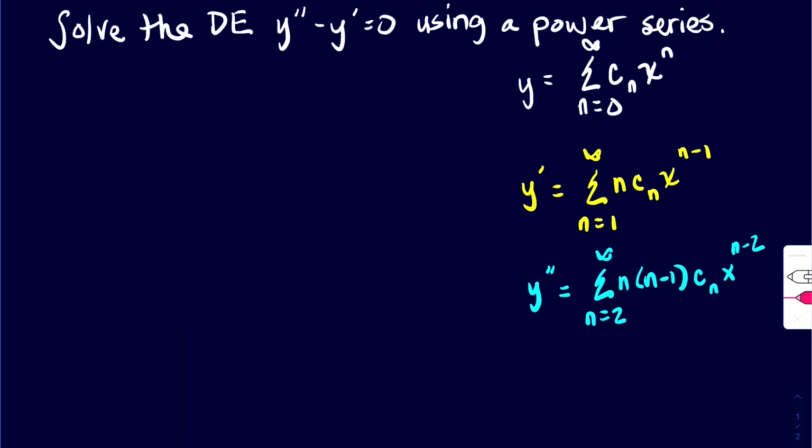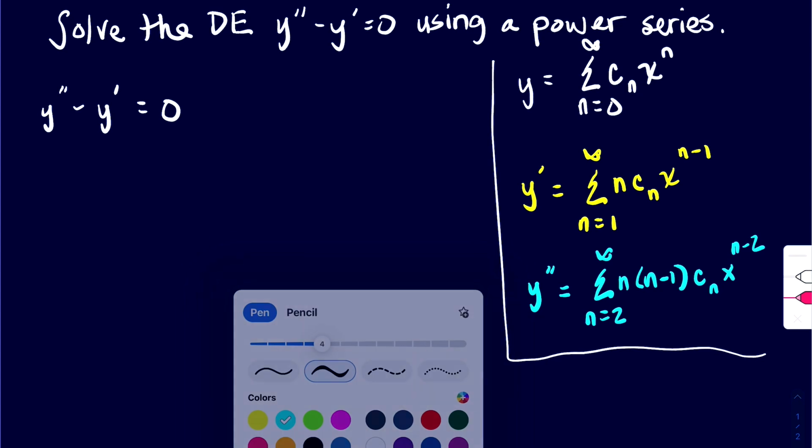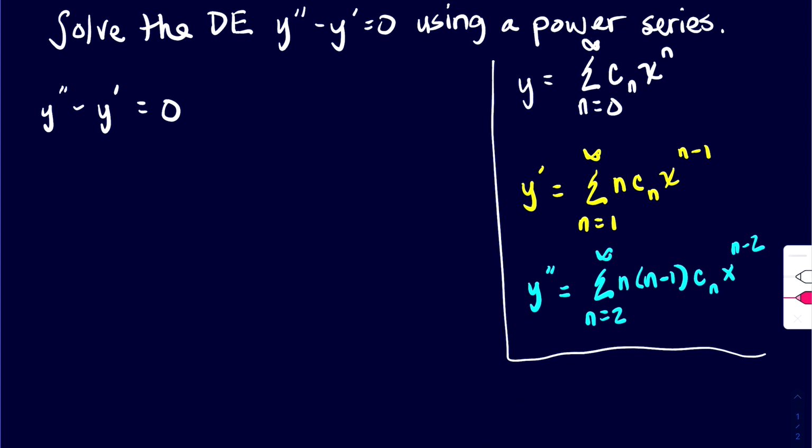So we have y double prime minus y prime equal to 0. We'll kind of block this part off. So substituting in y double prime, we'll have the summation as n goes from 2 to infinity of n times n minus 1 times c sub n times x to the n minus 2, minus y prime.